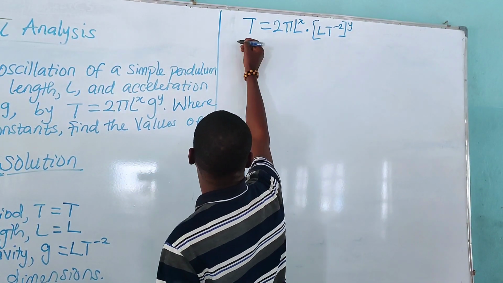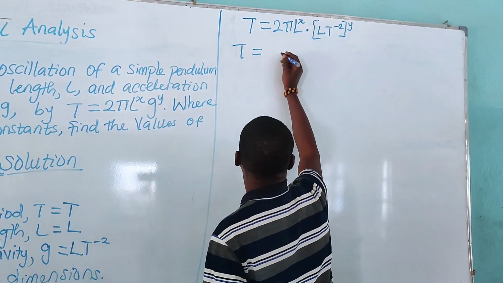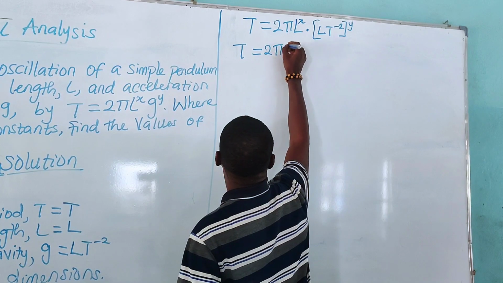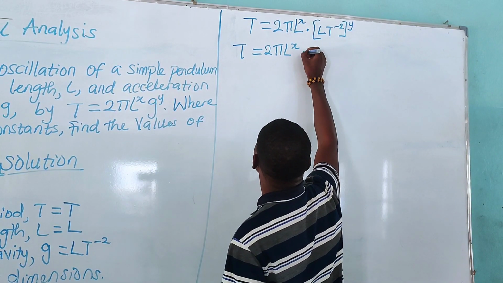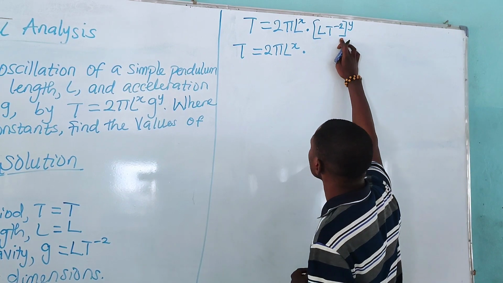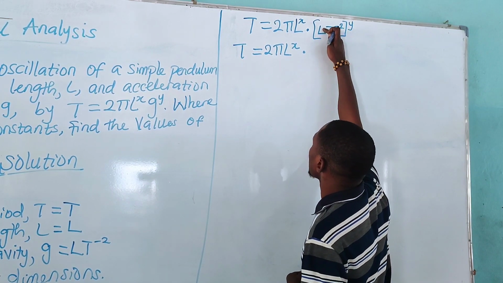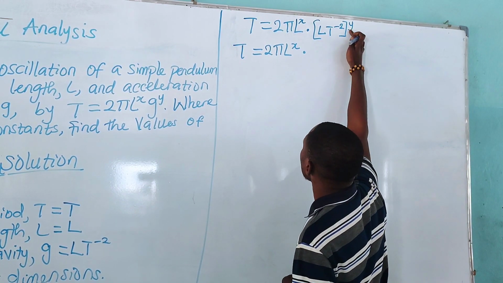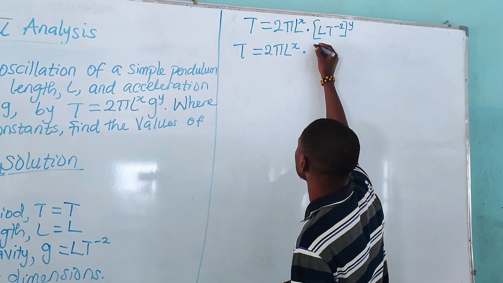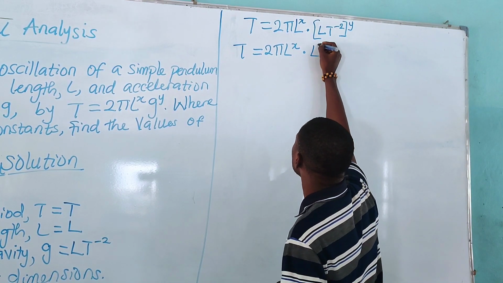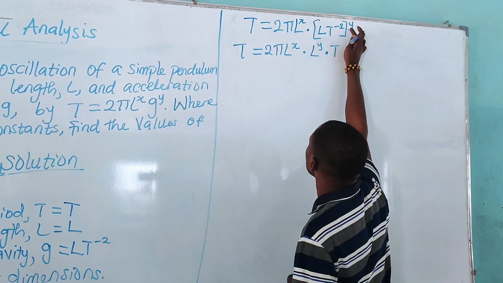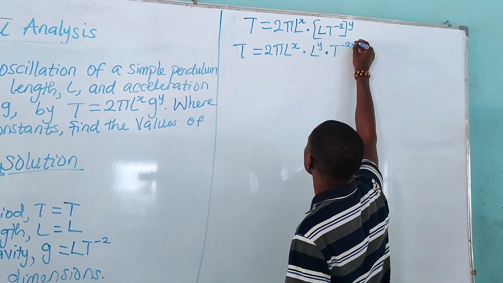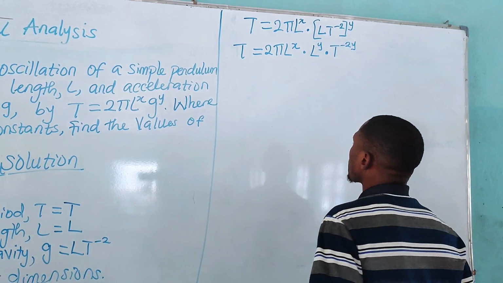So let's continue. We have T equals 2π L^x times, now open this bracket. The y will multiply the power of L here, and will also multiply the power of T here. So that will give us L^y times T^(-2 times y), which is T^-2y.